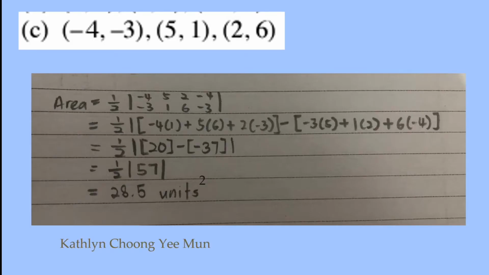So I find the area is equal to 1 over 2 modulus -4, -3, 5, 1, 2, 6, -4, -3 close modulus, then equal to 1 over 2 modulus bracket -4 times 1 plus 5 times 6 plus 2 times -3 close bracket minus bracket -3 times 5 plus 1 times 2 plus 6 times -4 close bracket close modulus equal to 1 over 2 modulus 20 minus -37, then equal to 57 over 2. So the answer is 28.5 units square.